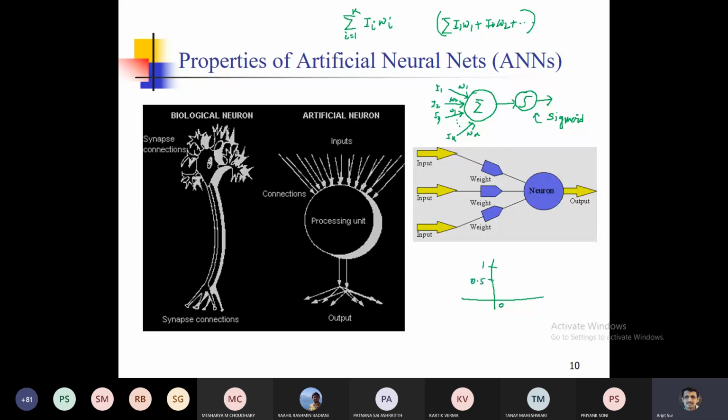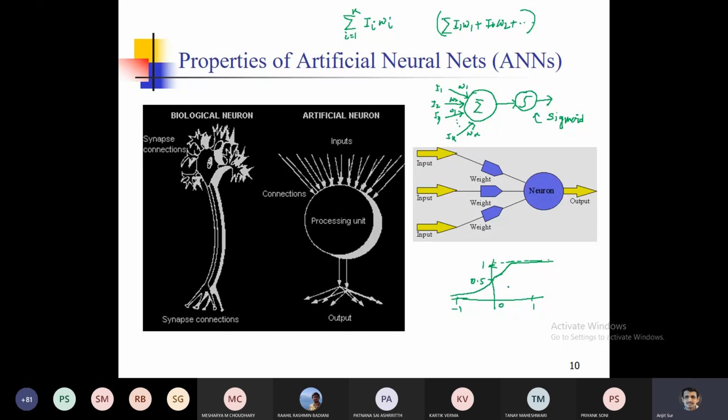The sigmoidal curve is something like that.